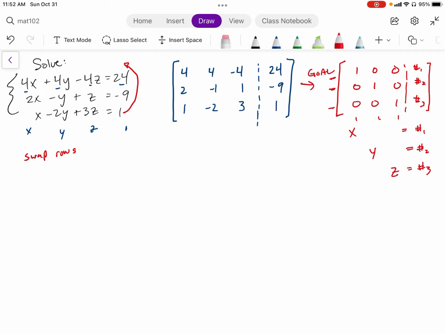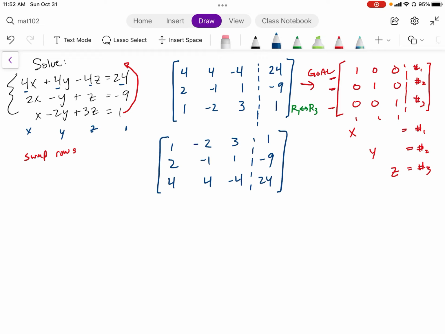We're going to swap row 1 and row 3. Okay, R1 with R3. So let's go ahead and write that. 1, -2, 3, 1. Second row I'm leaving alone. Third row, 4, 4, -4, 24. Okay, that seems allowable.